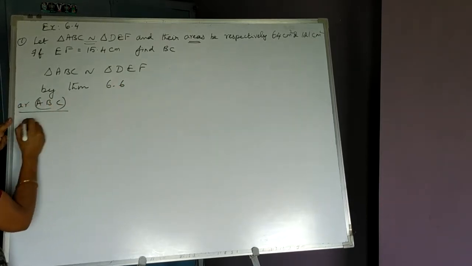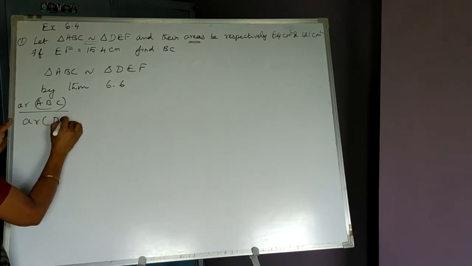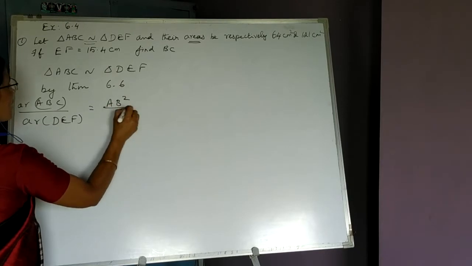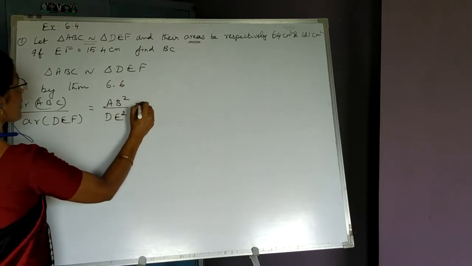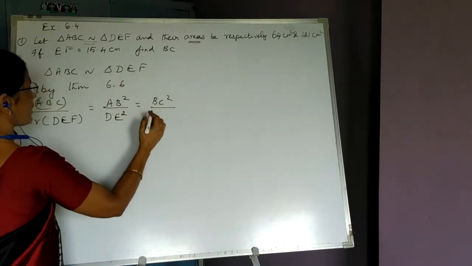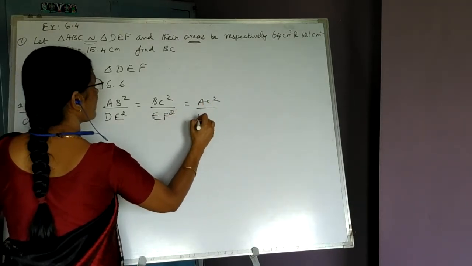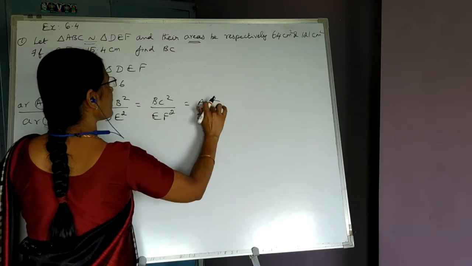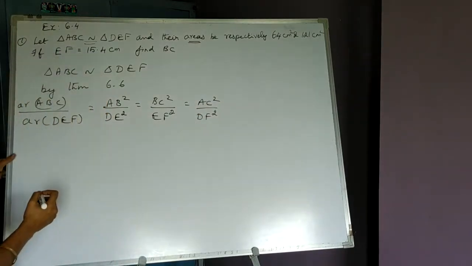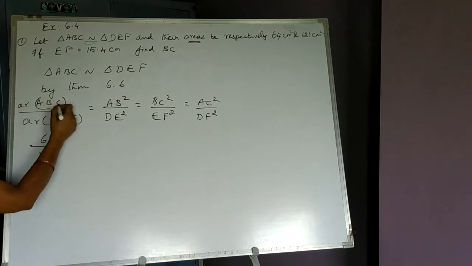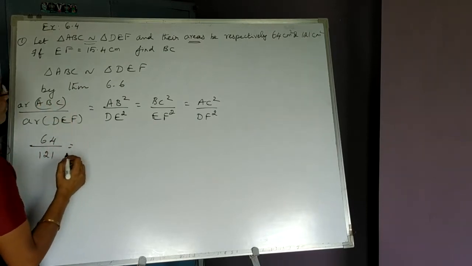Area of ABC upon area of DEF is equal to the squares of their corresponding sides. So I am writing all the three pairs and then we can substitute what is given in the question. The areas are 64 and 121, so the areas are replaced by the numbers.